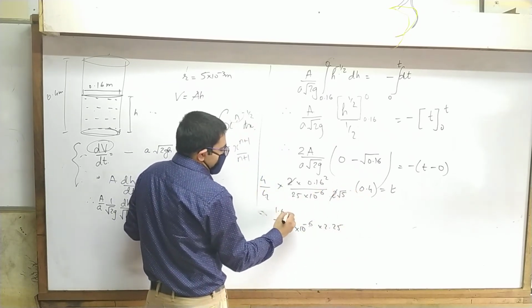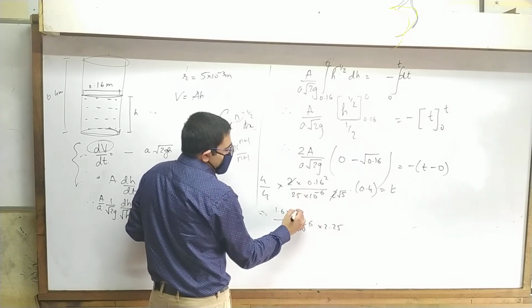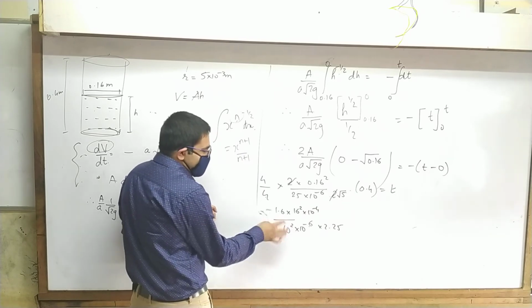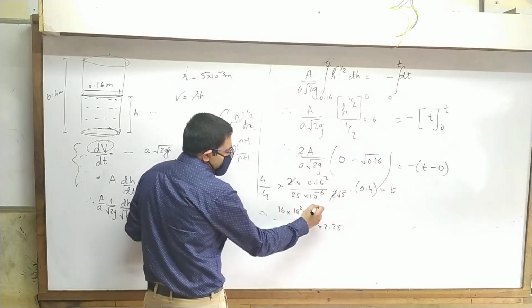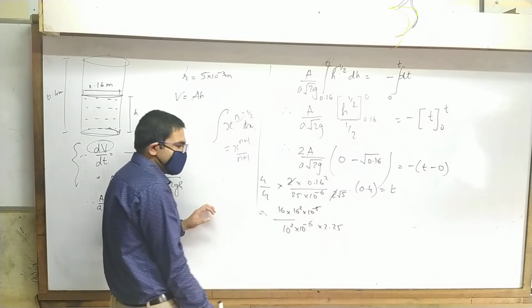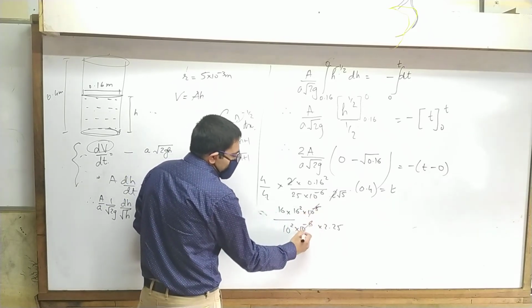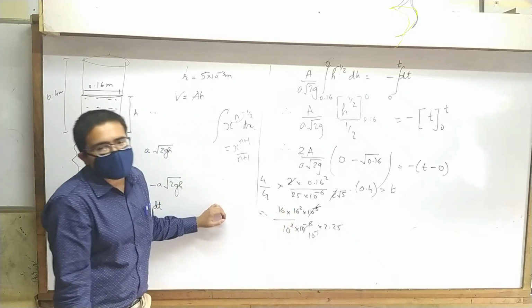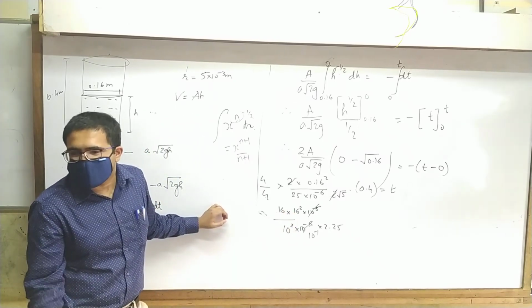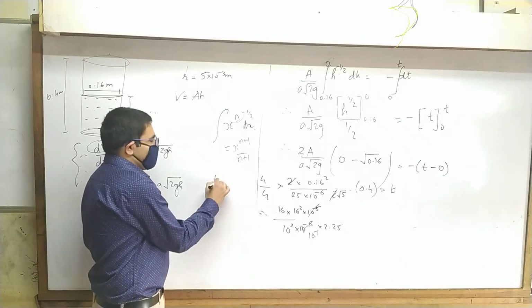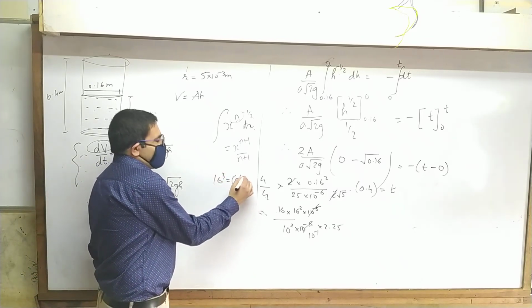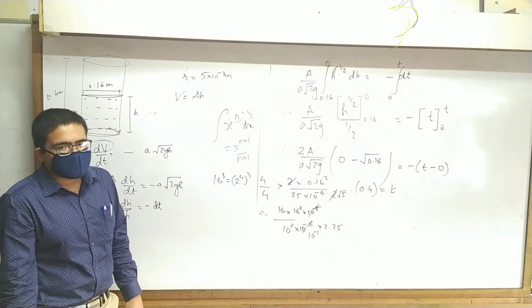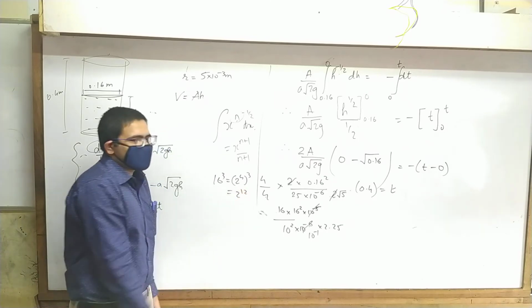1.6. So 1.6 into 0.16 squared, you can always write it as 16 squared into 10 raised to minus 4. And if you feel like making it 16, then 16 into this into 10 raised to minus 5 would cancel. Alright, now 16 cubed. It's easy. 16 cubed is equal to 2 raised to 4 raised to 3, which is 2 raised to 12. You should know powers of 2 up to 10.